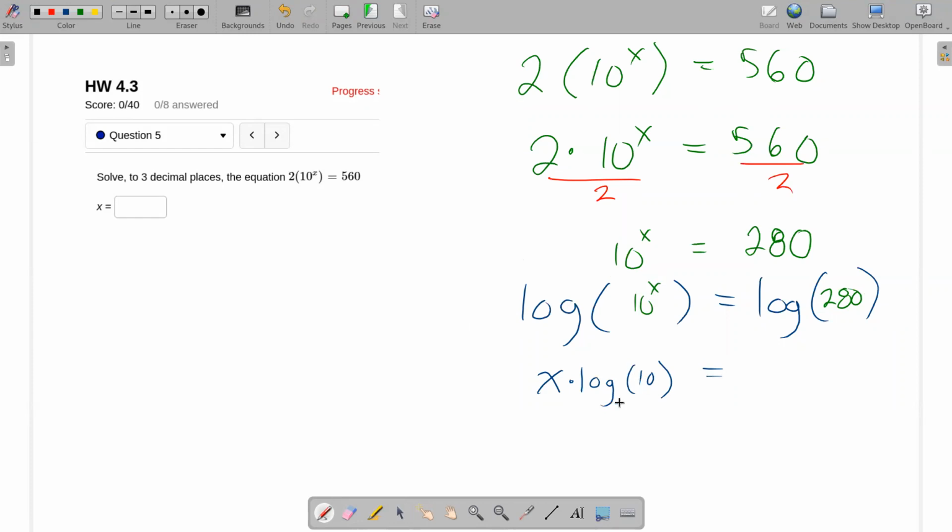Sometimes in the homework problems, they don't use parentheses properly. You should always have a parentheses with your log. It's just proper etiquette. It's like, brush your teeth in the morning before you go out kind of thing. All right, next step. To get rid of this multiple, to get x alone, I just divide by that log.